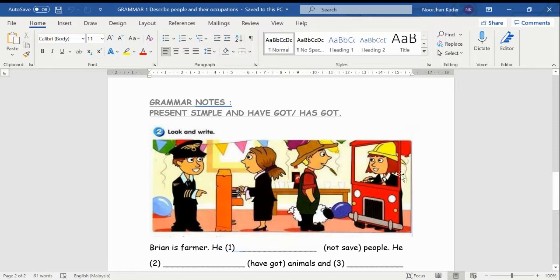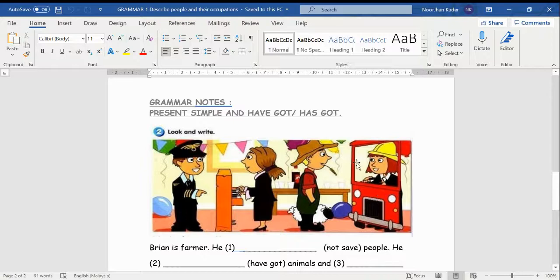Okay, so this is Pat. She saves lives and puts out fires. That's why you can see she's wearing a safety helmet, and also she's driving what looks like a lorry or trailer, or I don't know what they call it.